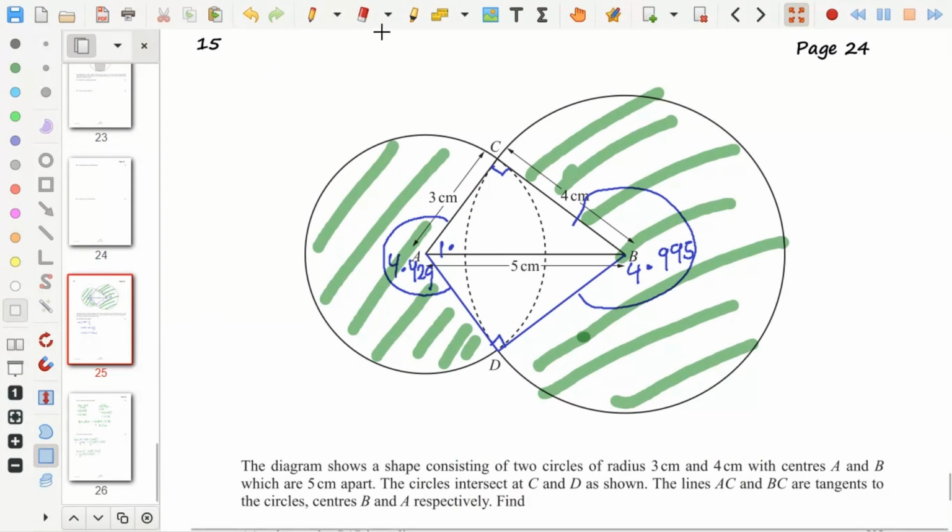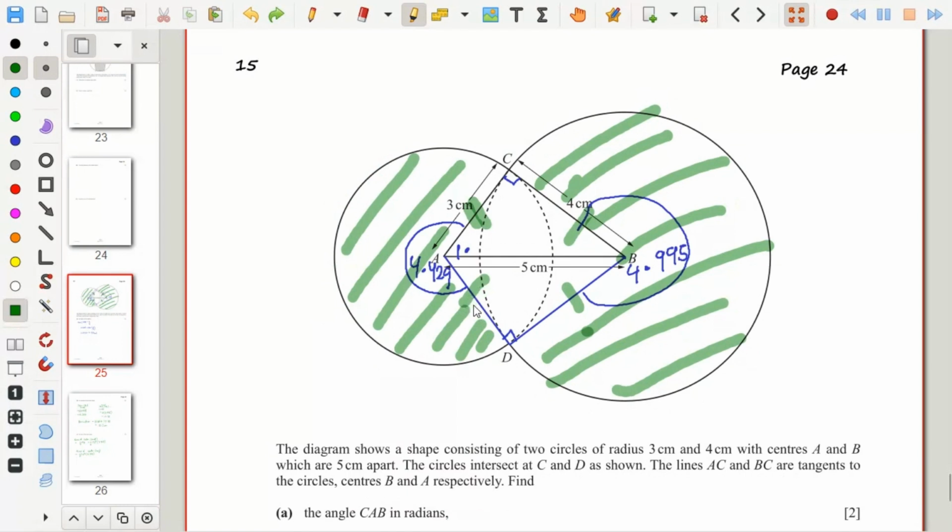Now the last part. Area of this. This is a kite, can you see? Because this and this side are equal in length. This and this side are also equal in length. So it's actually a kite. But I can find the area of this triangle and multiply it by 2.